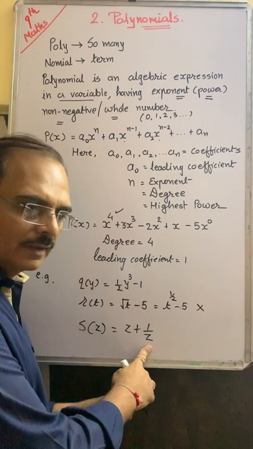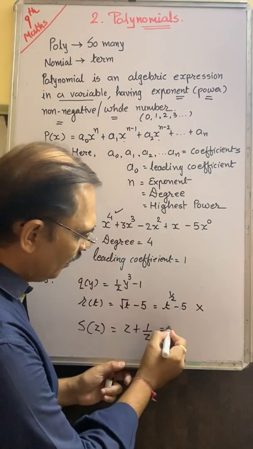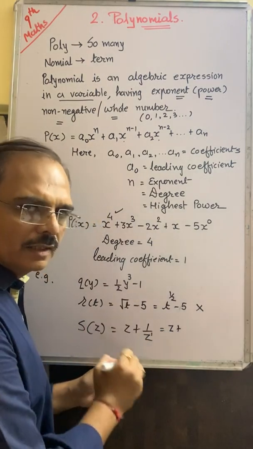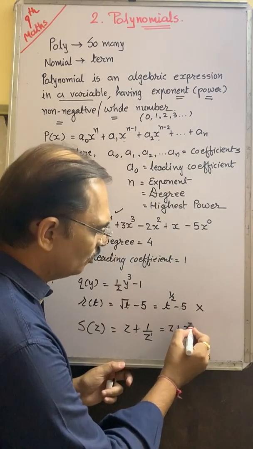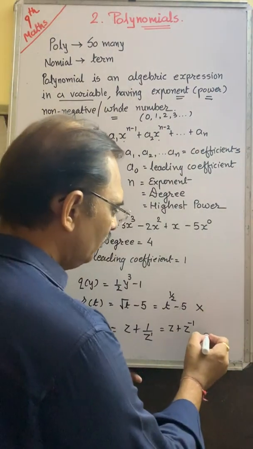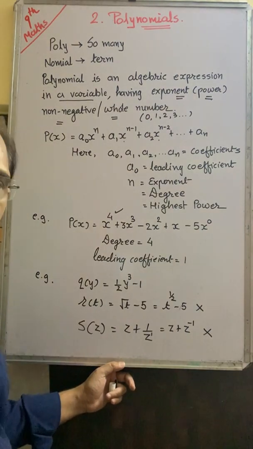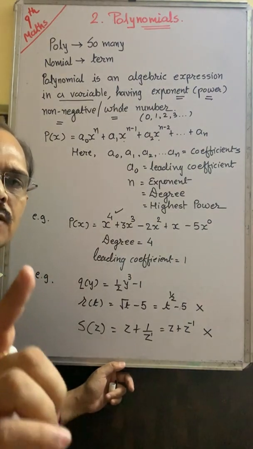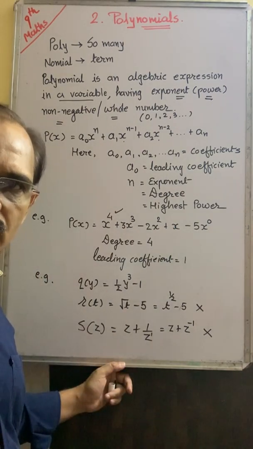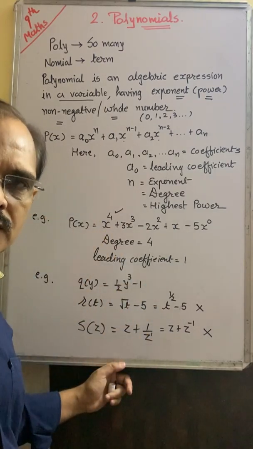Yes, the power of z is 1, and here if you simplify, you will get z plus z raised to 1 power, but if you take it in the numerator, then it will be z raised to minus 1 power. Here the power is negative. If the power is negative, we said it is not a polynomial. Is it okay? So concentrate on the variable, there should be one variable. Concentrate on the exponent or power, okay? That means the power should be a whole number, no fraction, no negative power.